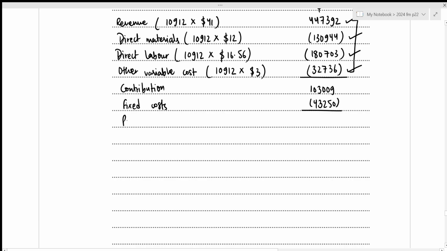Now we can get the profit per month. So that will be 103,009 minus 43,250, which results in 59,759. That is all for option B. Let's move towards the next part.